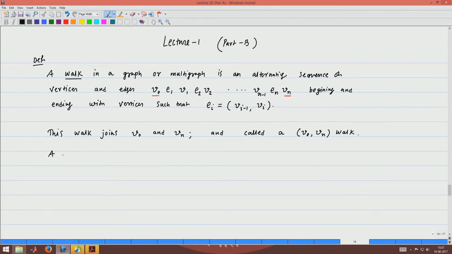And a walk is closed if the first vertex is equal to the last vertex, otherwise it is an open walk.